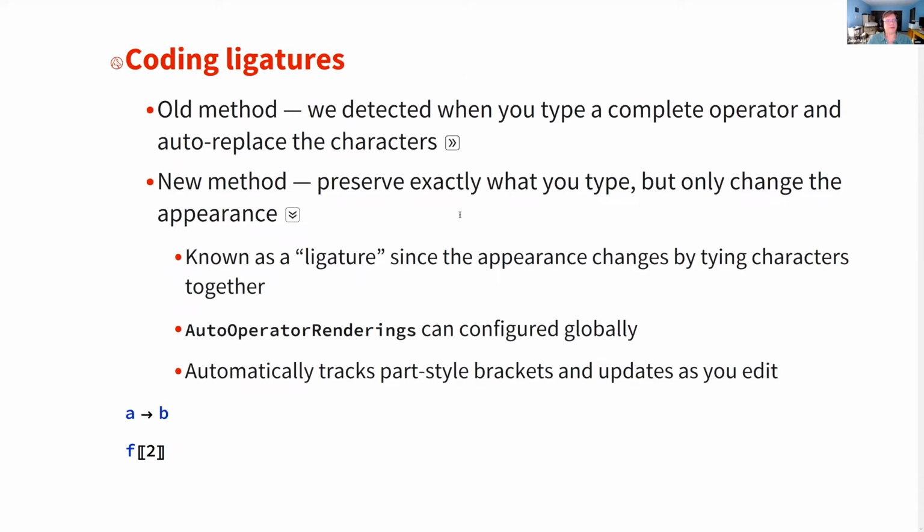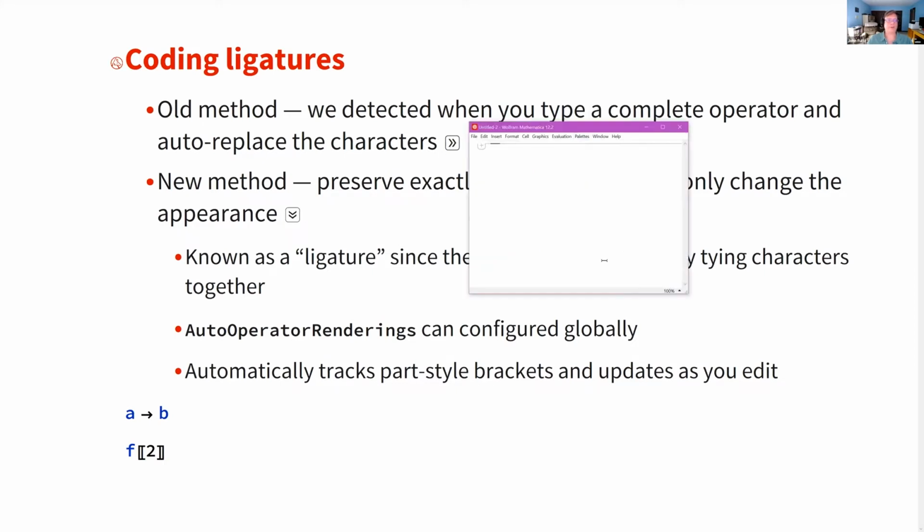Stephen also talked about coding ligatures. Let me talk a little bit about the motivation for this. We've always done some sort of character replacements. For example, I have a 12.2 sitting around here.